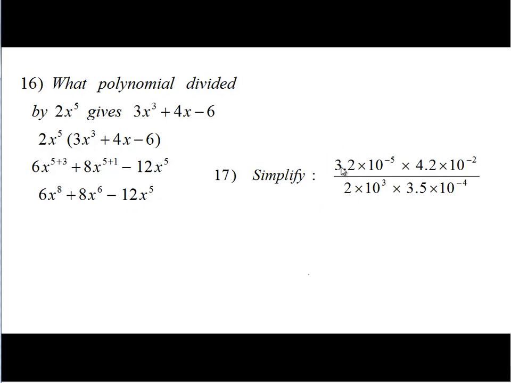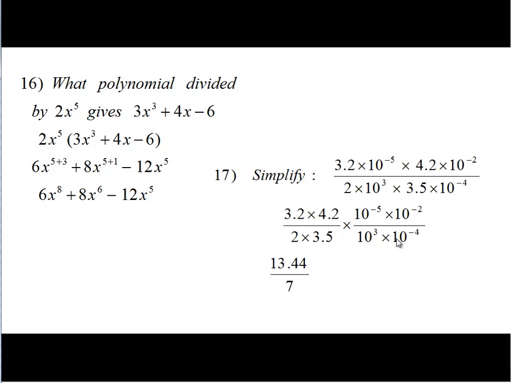Number 17: if you put the numbers together, 3.2 and 4.2, 2 and 3.5, and then times, and take the tens and put them together. Now we can simplify our tens. 3.2 times 4.2 is 13.44. 2 times 3.5 is 7.